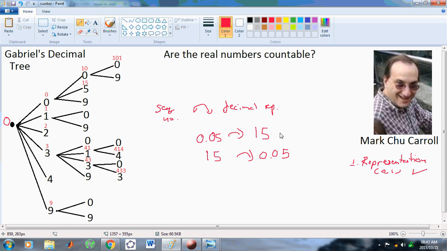Okay? So it's very easy for me to create a bijection, but so far you might say, well, okay, well, these are finite numbers. That's true. Now, how do we do it with infinite numbers? Well, let's take the case of pi. Yes. So the case of pi, which is 3.14159, etc.